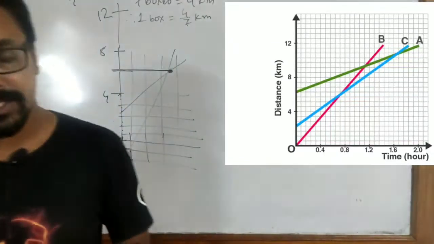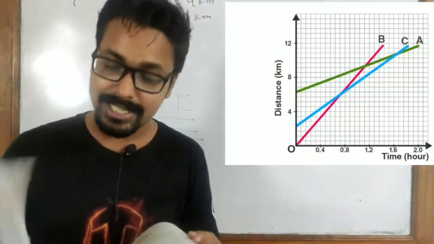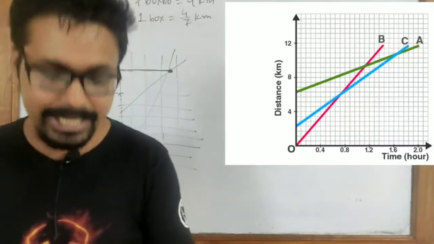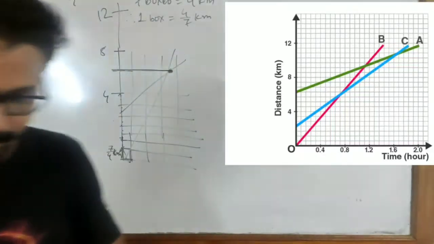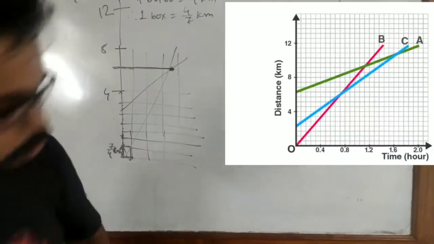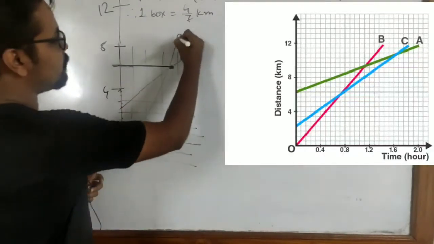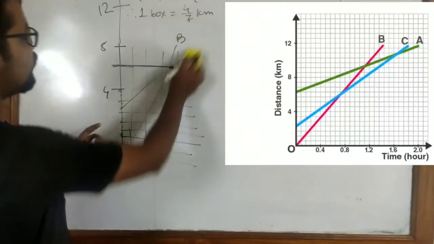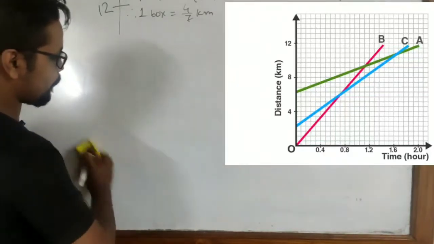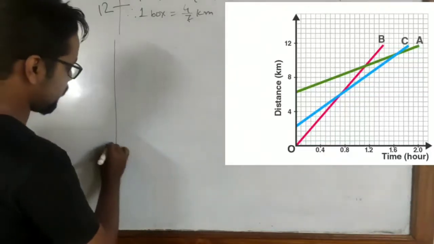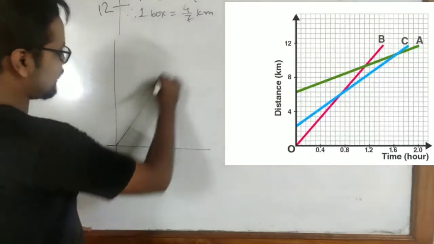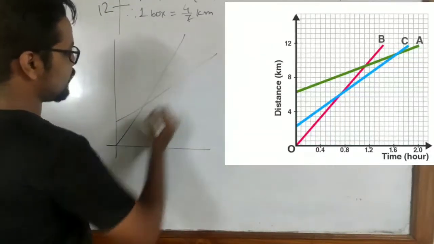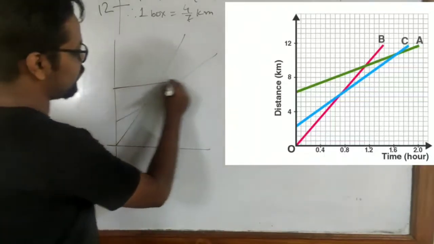So now we need to see how much distance C has traveled at the point in time where B has crossed A. So this is our B, this is our A. Let me draw it in a different way without the graph bars. So we have B like this, then we have C moving like this, and we have another one, A, moving like this.